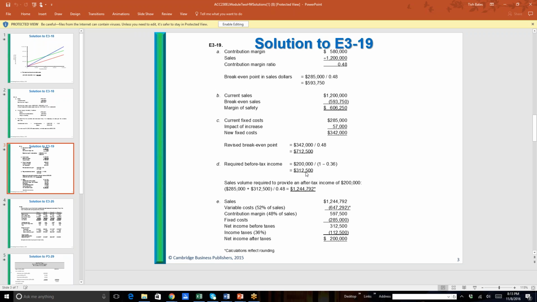And how did you get that? That is calculated by using this 200,000 divided by 1 minus the 36%, which is the corporate tax rate. That's the corporate tax rate it was asking you to use. So it's kind of like a puzzle piece here.